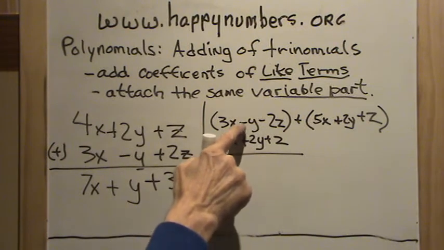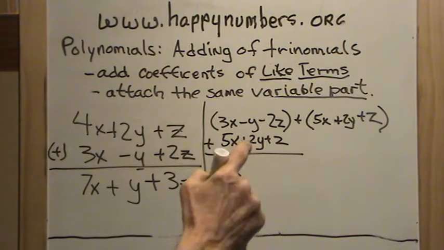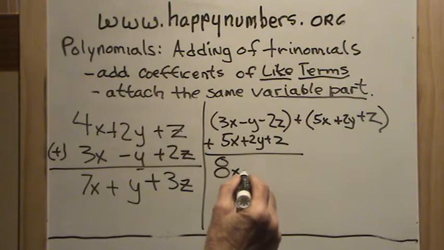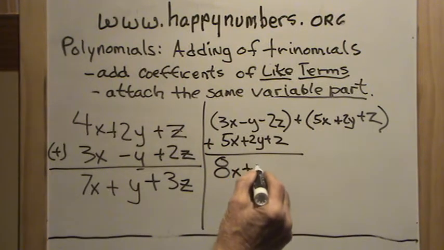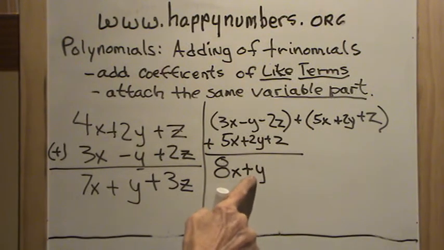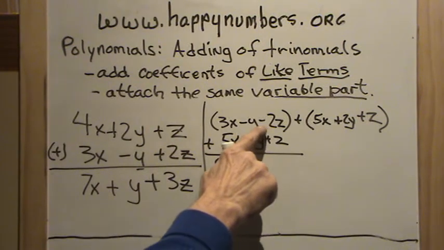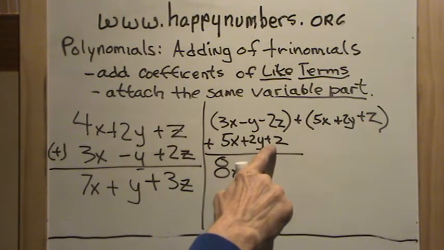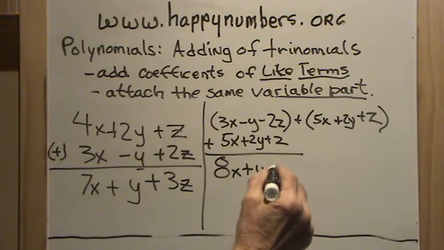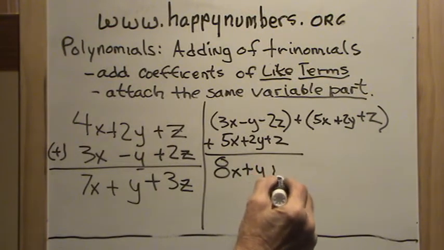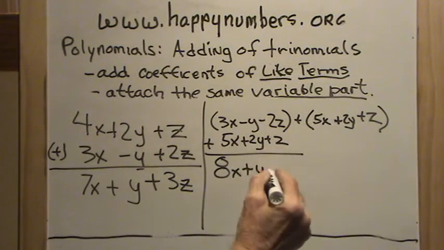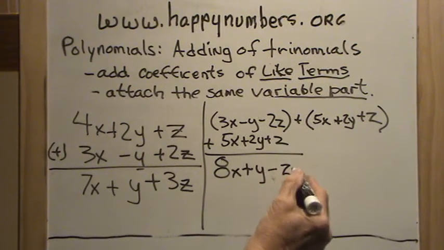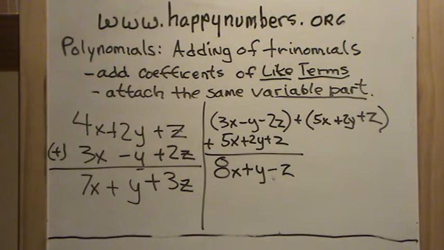And now I have -1 and positive 2, which would give me positive 1y, and I don't have to write the 1. And then I have negative 2, positive 1z, so that would give me negative z, or negative 1z, and I don't have to write the 1.